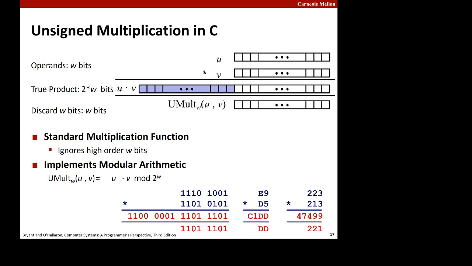So if I took my two numbers, 226 and 213, and multiplied them, I'd get 47,499, which is too big to represent in 8 bits. So I just chop off those upper bits, and I get 221, which is the mod 256 product of these two numbers.